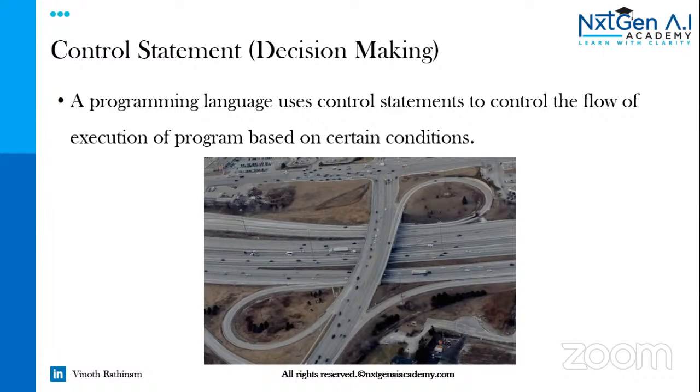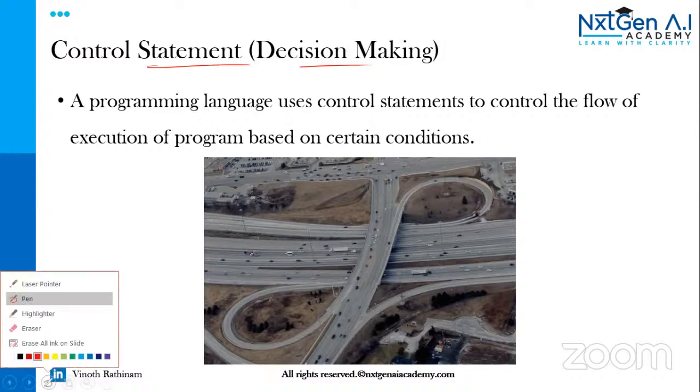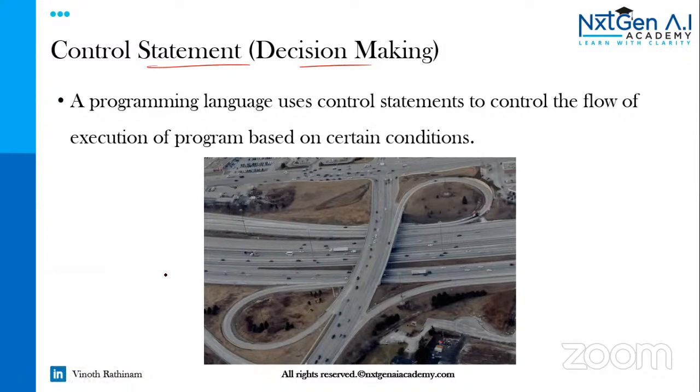Before we get into the control statement, let's try to apply this in a real-time scenario. Even in our life, we always have decision-making. For example, if you're going to a shop to buy a dress, and you are not satisfied with that collection, you will go to another shop.